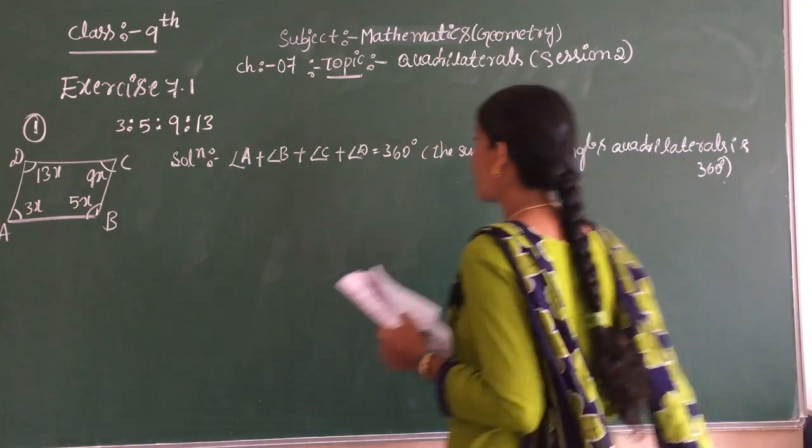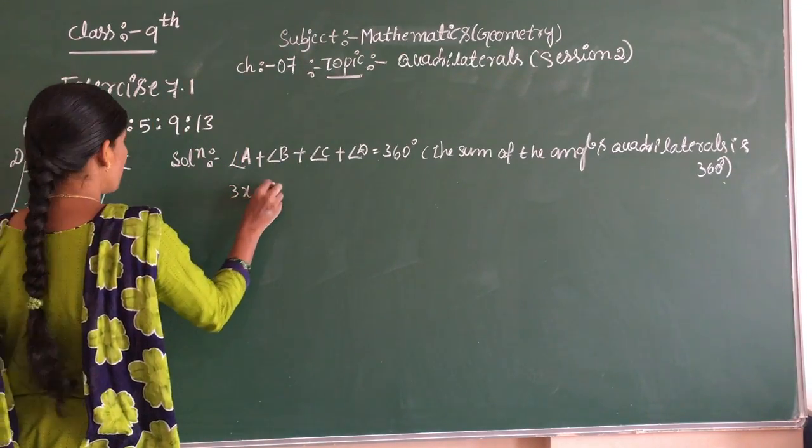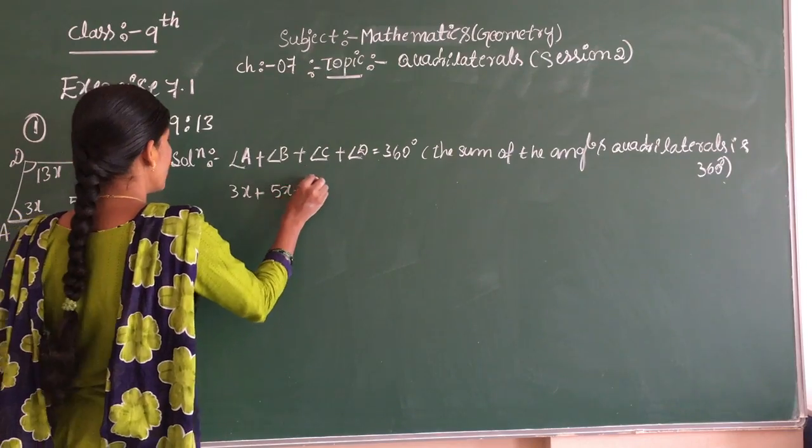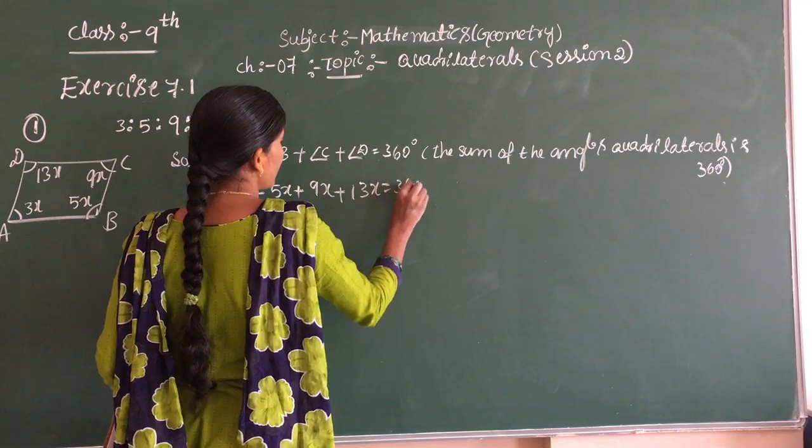Okay children, you should add: 3x plus 5x plus 9x plus 13x is equal to 360 degrees.